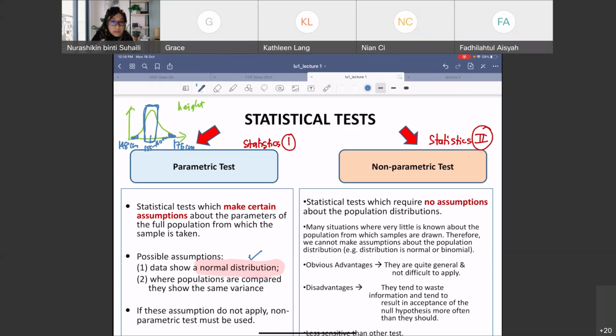Based on that, statisticians have come up with a rule of thumb that normally the data for a big sample size will follow the normal distribution. And this one is just an example, height.